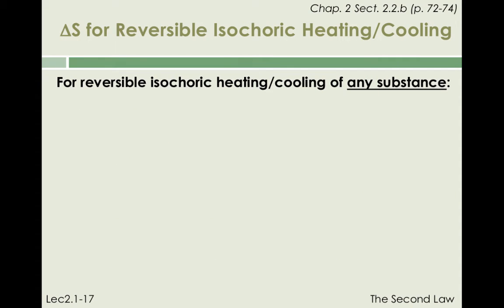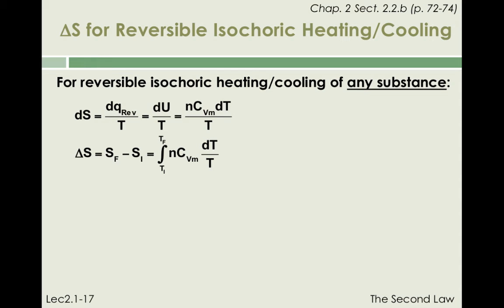Finally, we consider the isochoric heating or cooling of any substance. We start with the definition for the entropy change dS for a small part of the process and write dS equals dq reversible divided by T. Next, we recall that for isochoric processes, dq is equal to dU and dU is equal to n times CVM times dT.